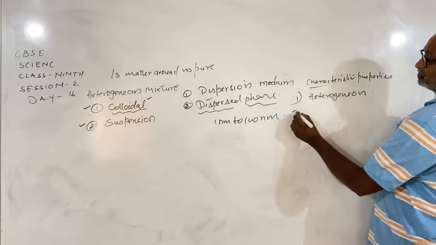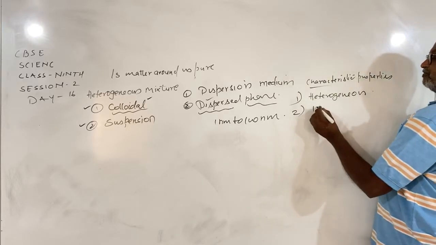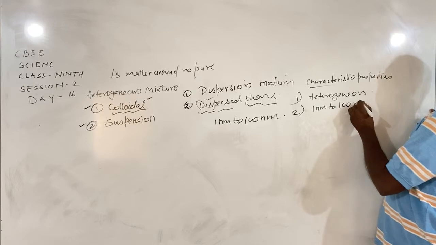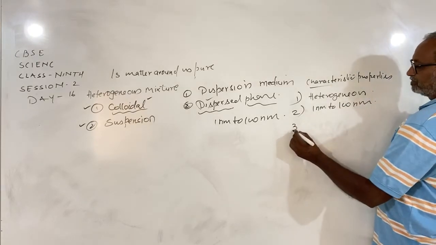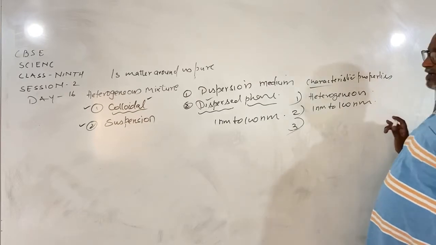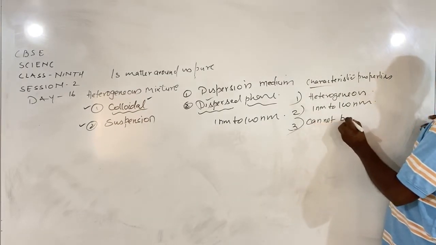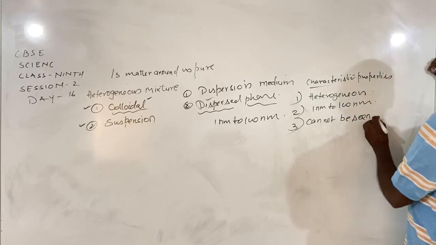The particle size in a colloidal is between 1 nanometer to 100 nanometer. The particles in a colloidal cannot be seen with the naked eyes.